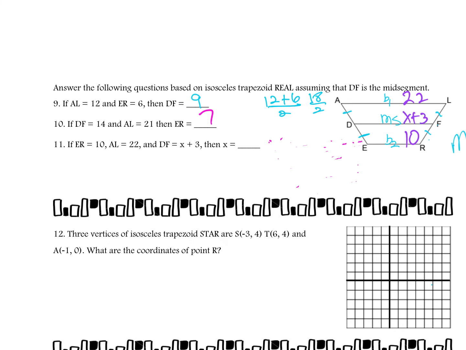So I have X plus 3 equals 22 plus 10 divided by 2. So if I add those two together, that gives me 32. Half of 32 is 16 equals X plus 3. Subtract 3, X equals 13.